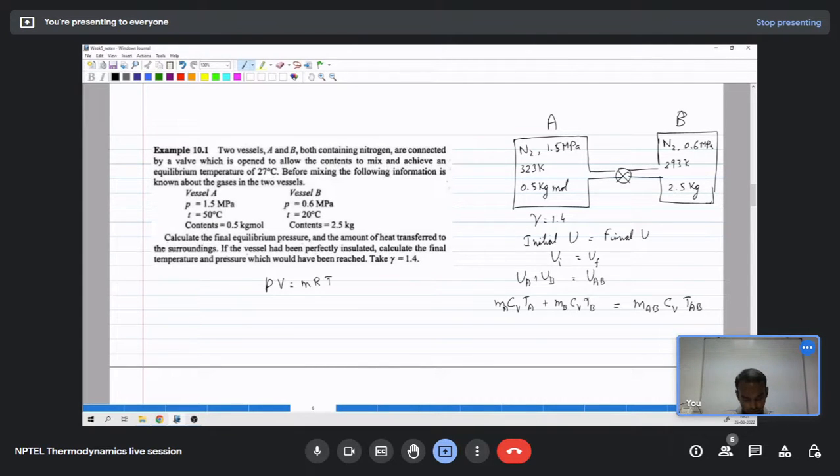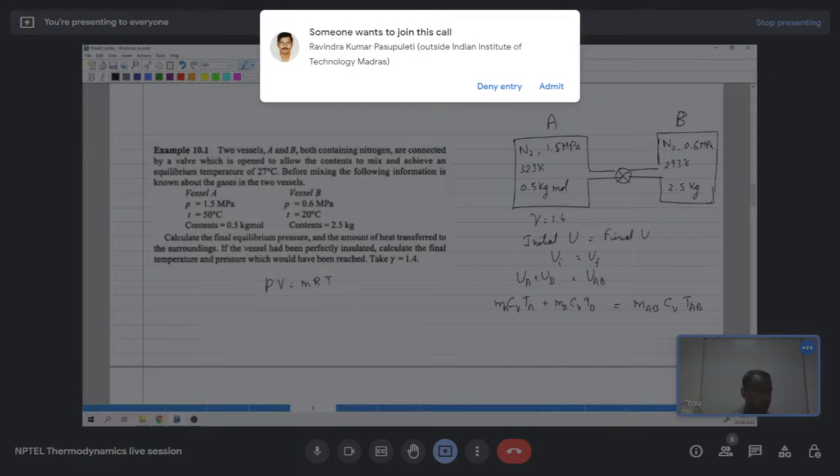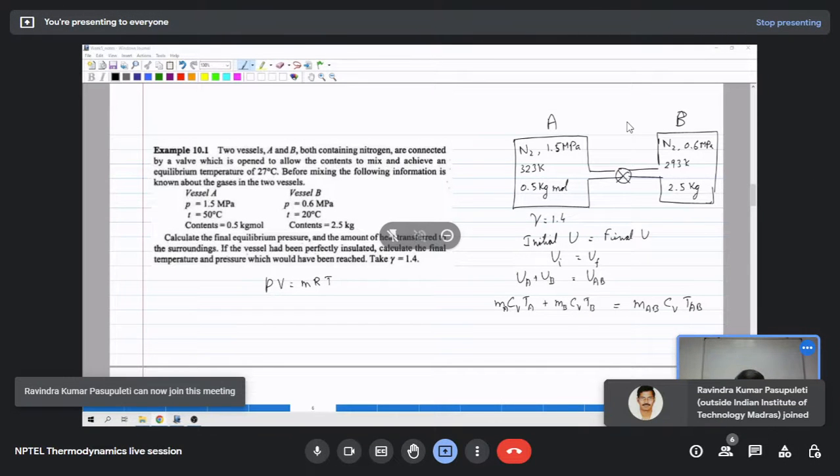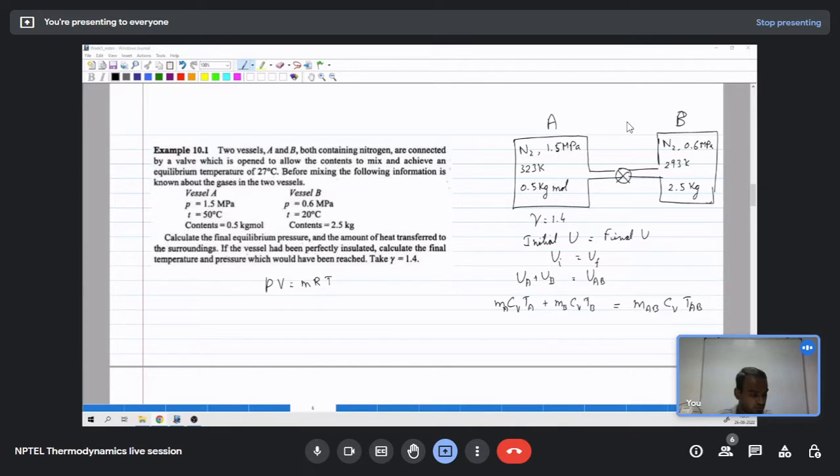And so R is known, characteristic gas constant. We can calculate it by having universal gas constant divided by the molecular weight. And temperature, final temperature is given. So I need to calculate the initial volume of the vessels VA and VB.